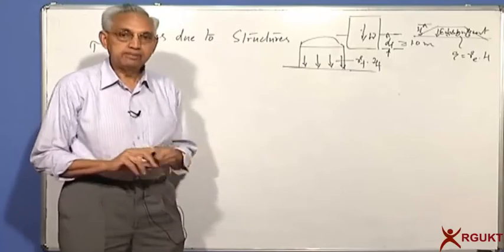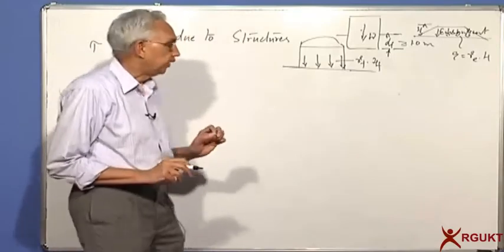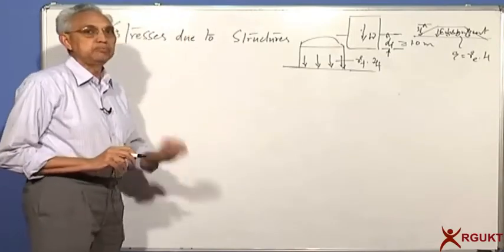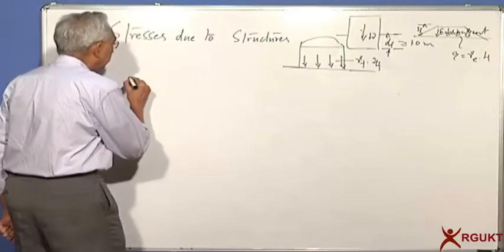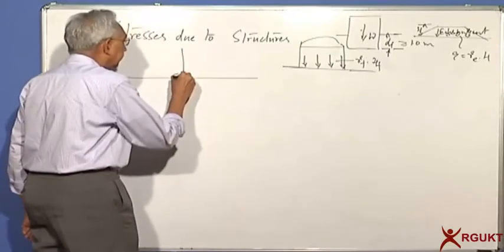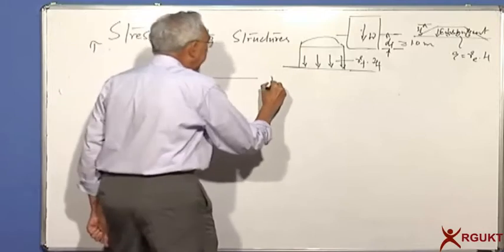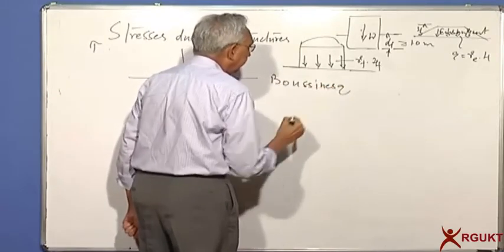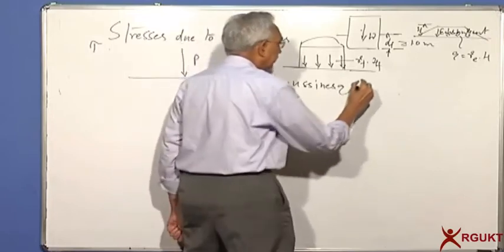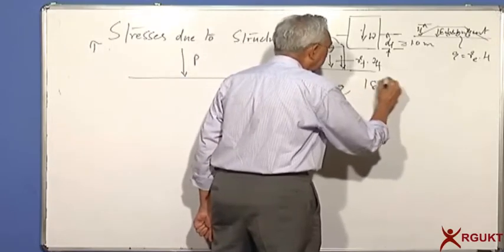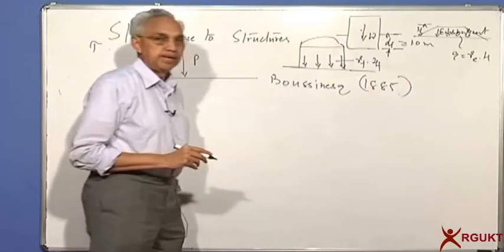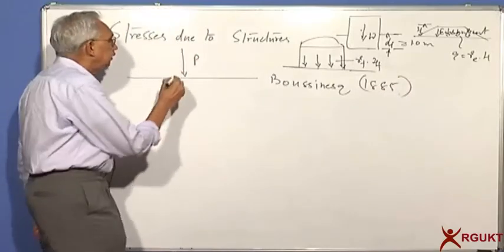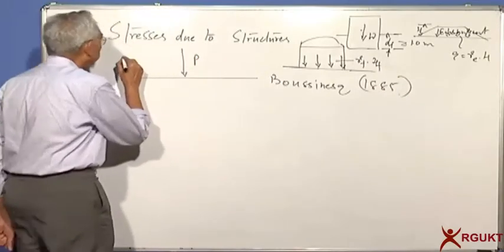But for the sake of simplicity, I would like to start with a very, very simple solution, which was given by Boussinesq, a French mechanics expert, somewhere around 1885, about 125 years ago. He looked at a point load.